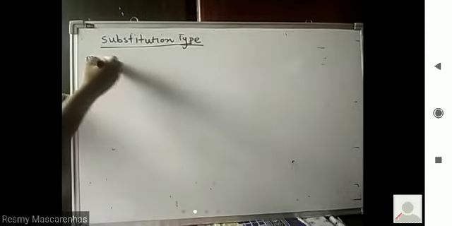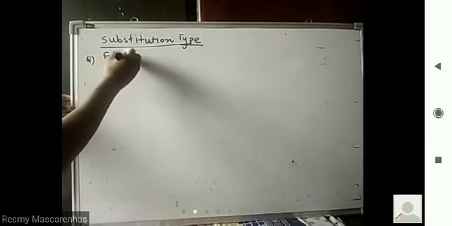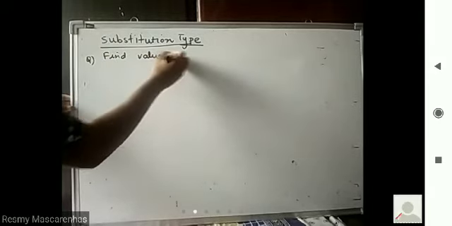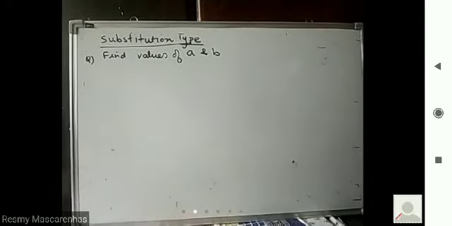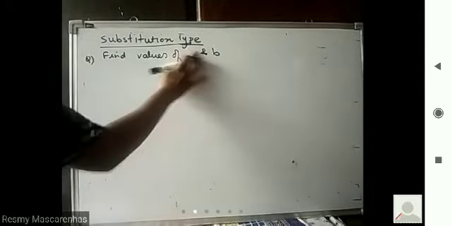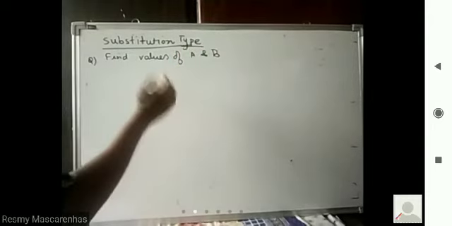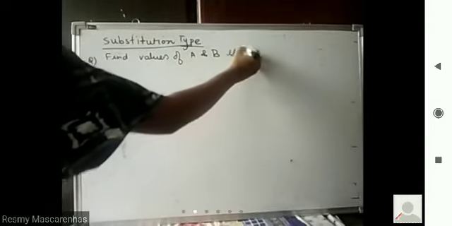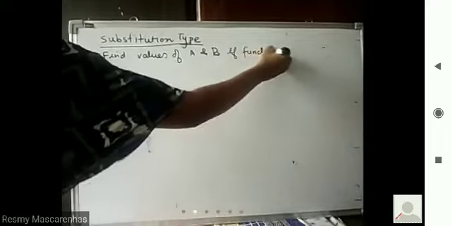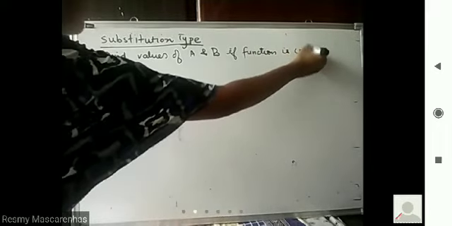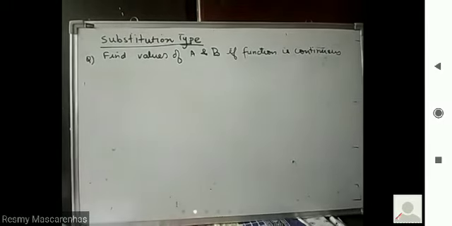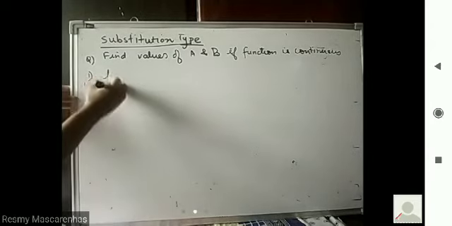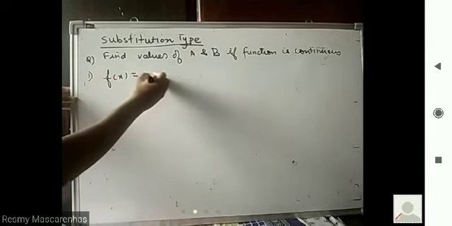So the question is, same thing, find the values of A and B. Okay, even capital letters help. If the function is continuous. Okay, so first one, I'm giving the question.